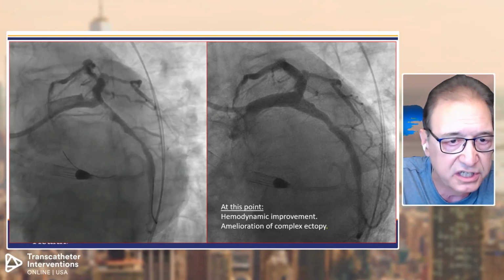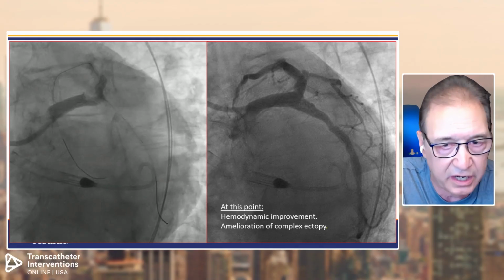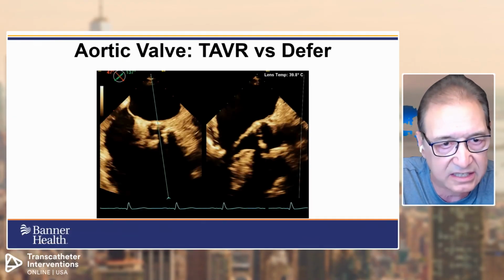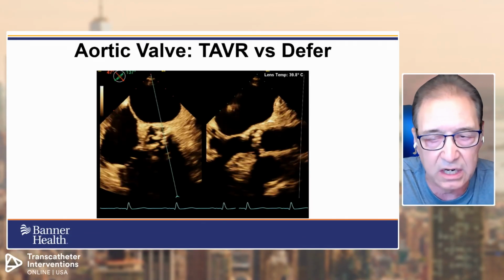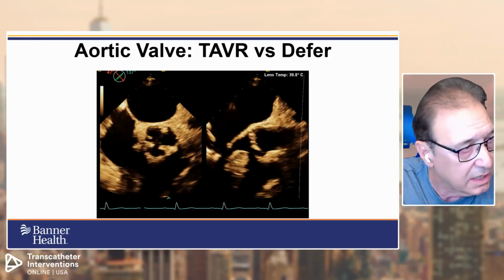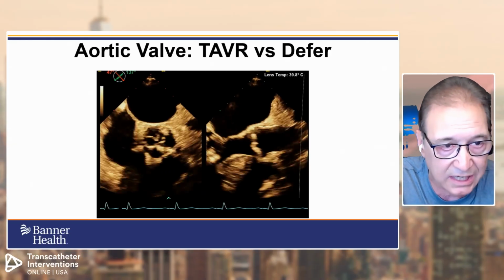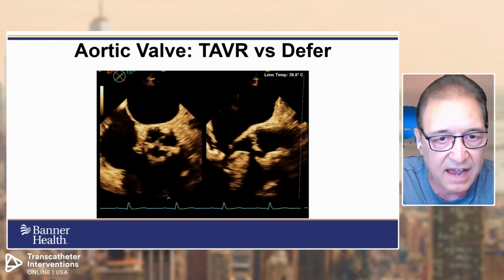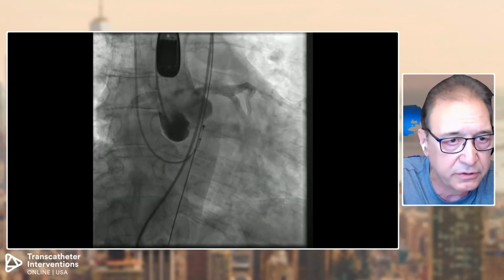And at this point, she was hemodynamically improved, and we had no further complex ectopy. So we made the decision, because there was a moratorium on elective cases, just to do the TAVR in the same acute setting.